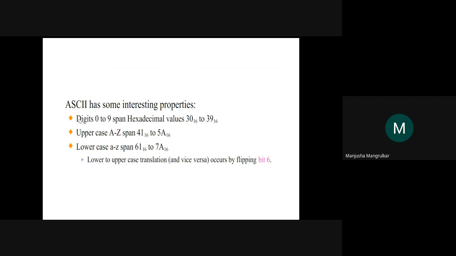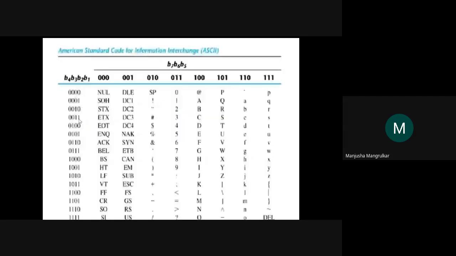That we are going to see in this table. These are the higher bits B7, B6, B5, and these are the bits B4, B3, B2, B1, right? This is the hexadecimal table to convert into binary. Suppose you want the letter A, we know that it is 41 hexadecimal, right? So 100 here, and 0001 there.